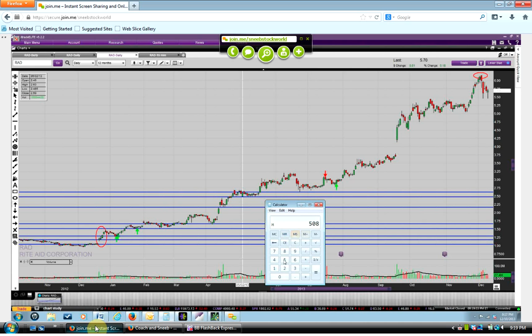I'll save that to the memory. $1,000 divided by the shares, and I have an average of $1.97, okay? 508 shares at $1.97. Everybody following me here?